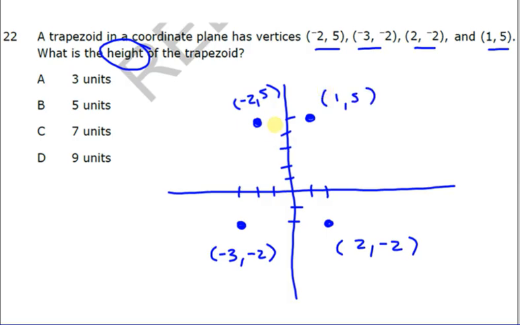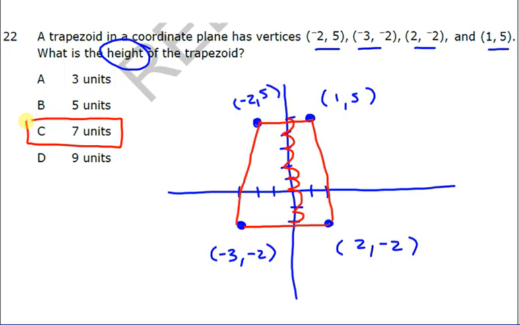All right, and what I'm going to do just so I can see it better is I'm going to try and connect the dots here. And I can see that this is a trapezoid. So what is the height? Well, count the units. 1, 2, 3, 4, 5, 6, 7. It is 7 units tall.